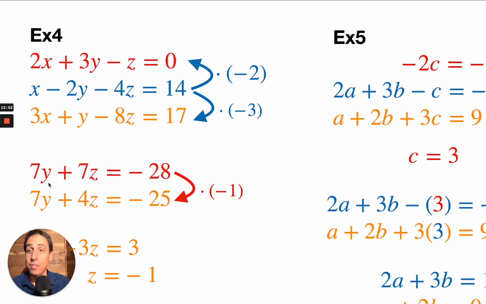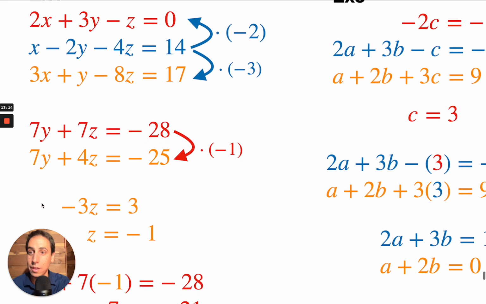And so now I have two equations and two unknowns. As an alternate, you could divide this equation by 7 if you want, all the terms on both sides, to get something to substitute. But I think I'm just going to say, since this is 7y and this is 7y, I'm going to take the red equation, multiply it by -1, and so you get -7y plus 7y eliminates to nothing, 0.